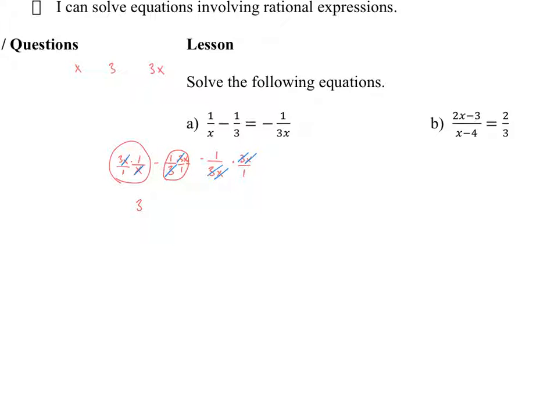And this third term is a negative 1, because everything else canceled. And now that I have an equation like this, all I'm worried about is getting x to be by itself. So I would just subtract 3, negative x equals negative 4, and then divide by negative 1, x equals 4.